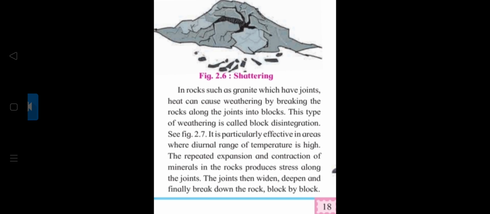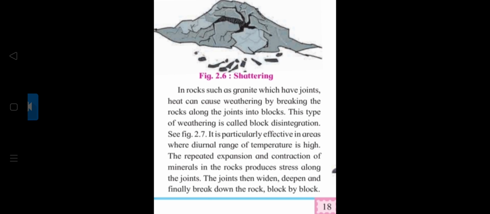It is particularly effective in areas where the diurnal range of temperature is high, meaning the difference between maximum and minimum temperature is high. The repeated expansion and contraction of minerals in the rocks produces stress along the joints.